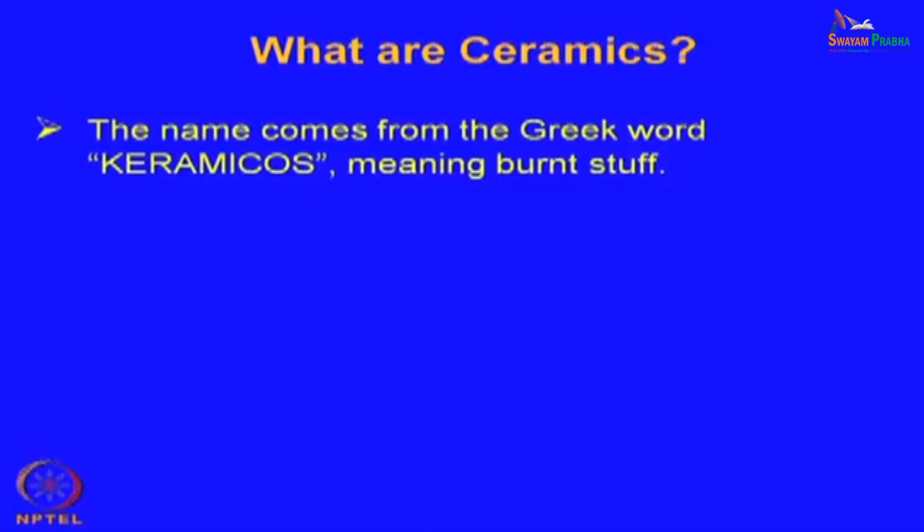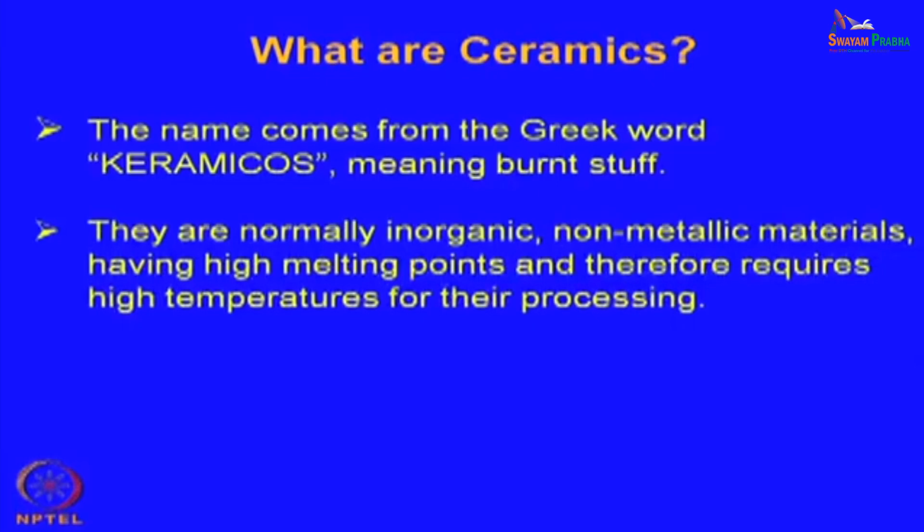As it is known, the ceramics are known to mankind for thousands of centuries, and they are basically prepared from naturally occurring raw materials. They are normally inorganic and non-metallic materials having relatively high melting points, and therefore require high temperature for their processing and fabrication. So, that is how normally we define ceramics.